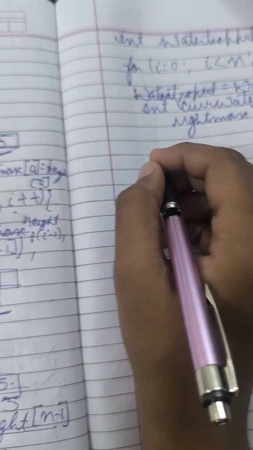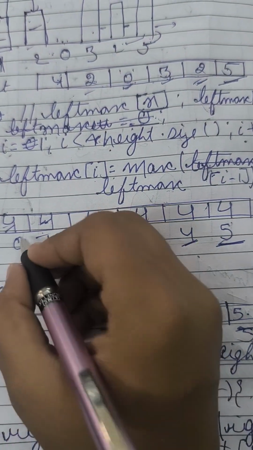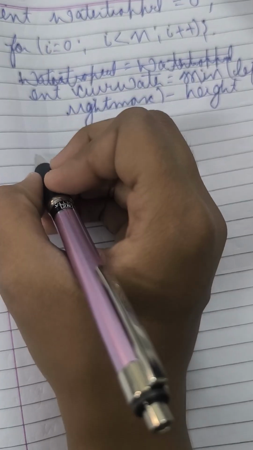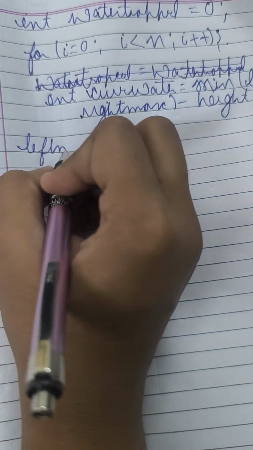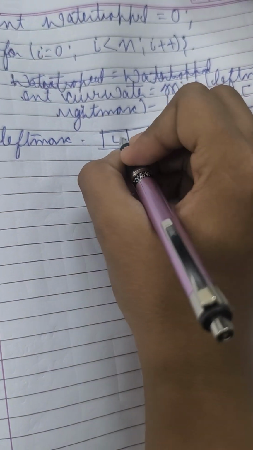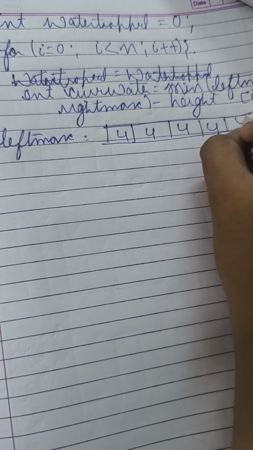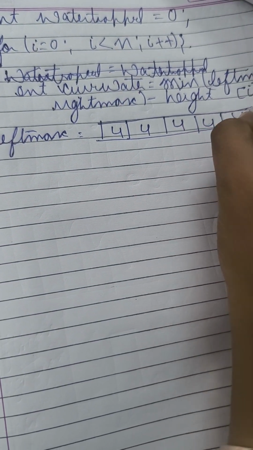So I am going to show you what I am going to do over here. Suppose the right max and left max are, let me create the left max and right max clearly. Left max over here is 4 4 4 4 4 4.